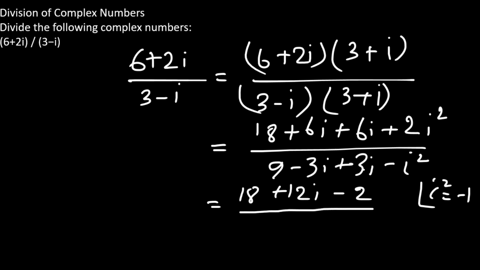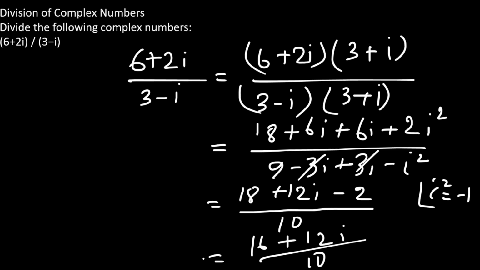Now in the denominator, minus 3i plus 3i, we can cut off both. Here also it's 9 minus i square, so i square equals minus 1, and minus 1 times minus equals plus 1, so it will give me 10. In the numerator it's 18 minus 2, so it will give me 16 plus 12i over 10.